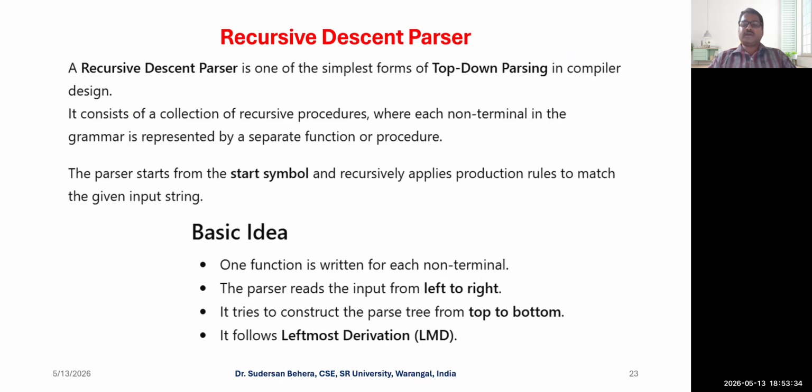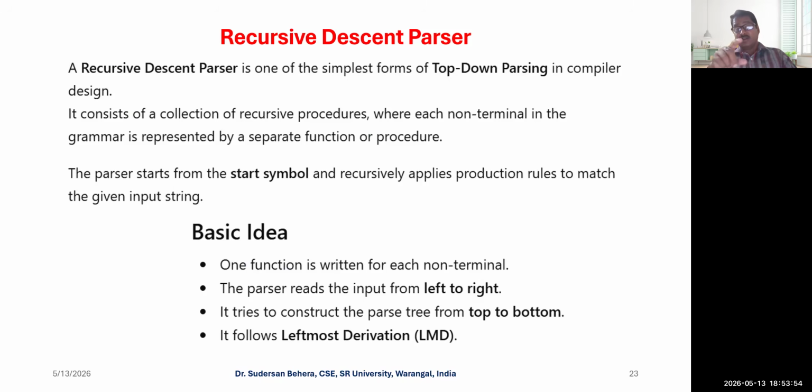A recursive descent parser is one of the most basic and simplest forms of top-down parsing in compiler design. It consists of a collection of recursive procedures where each non-terminal in the grammar is represented by a separate function or procedure. Each non-terminal is treated as a function here.